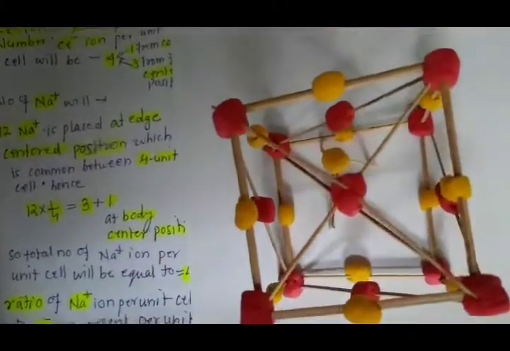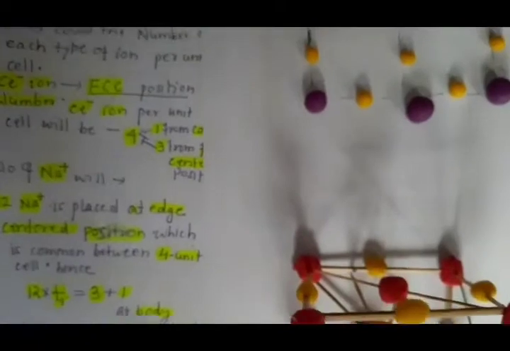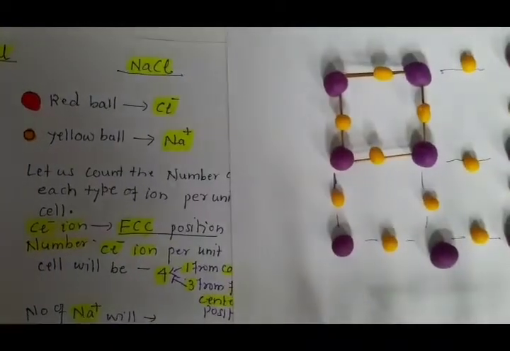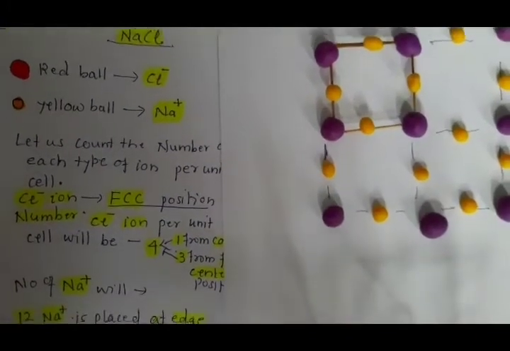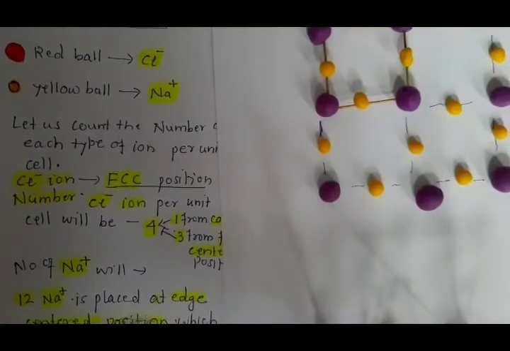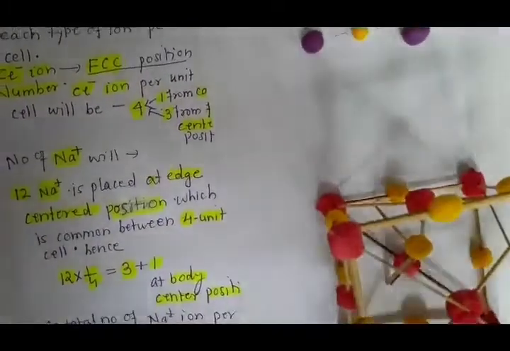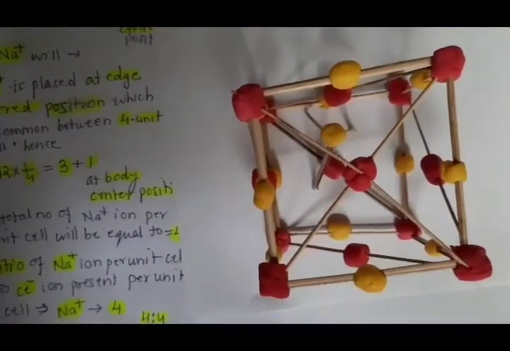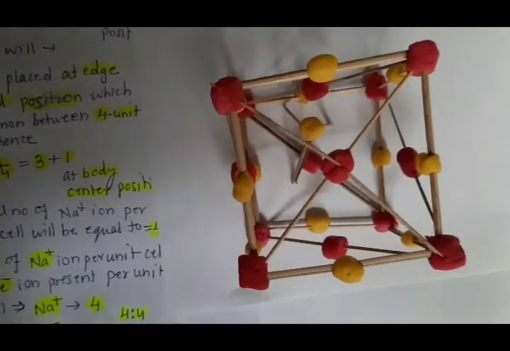In this type of unit cell, the red ball, which is larger in size because it is an anion, represents the chloride ion, and the smaller ball, that is the sodium ion, is represented by the yellow ball, which is smaller in size because the sodium ion is smaller than the chloride ion.